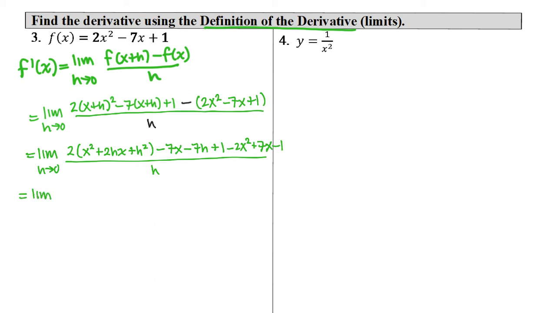Let me distribute that 2, and then we can get to canceling. 2x squared, 4hx, 2h squared. Should I cancel these? Oh, I see these cancel now. Let me cancel them now since they're there. They're tempting me. Minus 7h plus, oh, the 1's cancel too. Let me cancel those two. 1 minus 1. Less writing.